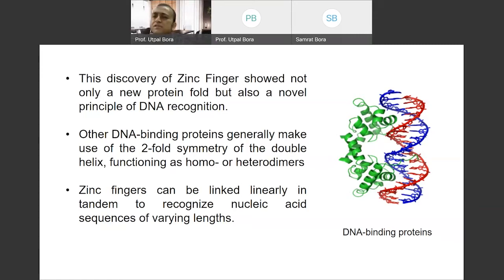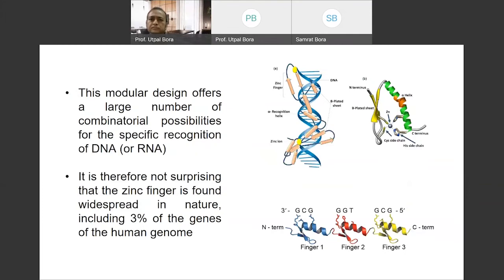These zinc fingers can be linked linearly in tandem to recognize nucleic acid sequences of varying lengths. This modular 3D design offers a large number of combinatorial possibilities for the specific recognition of DNA or RNA, as the case may be.